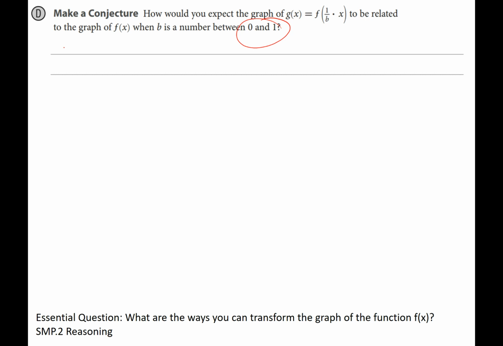So we would say when b is between 0 and 1, the graph of g of x equals f of 1 over b times x is compressed, not vertically, I said it wrong, horizontally.